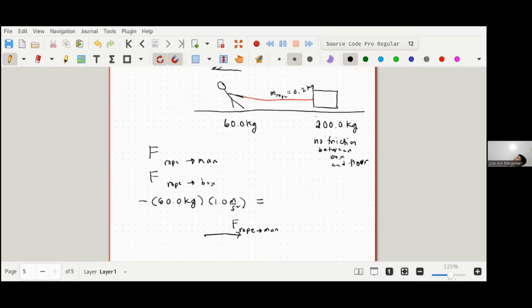Anong force kaya yung nag-act sa man? So the rope is pulling the man forward because the man is pulling the rope backwards. So third law, di ba? So how come nag-accelerate yung man to the left?